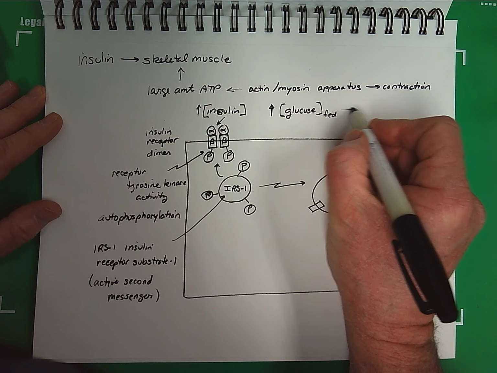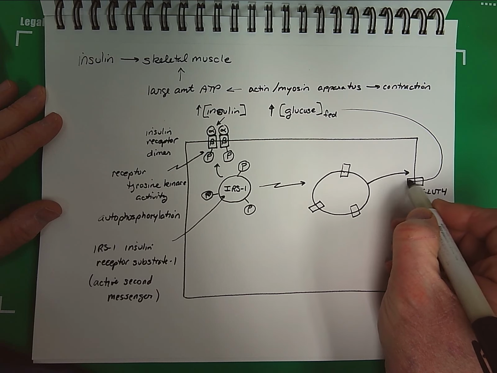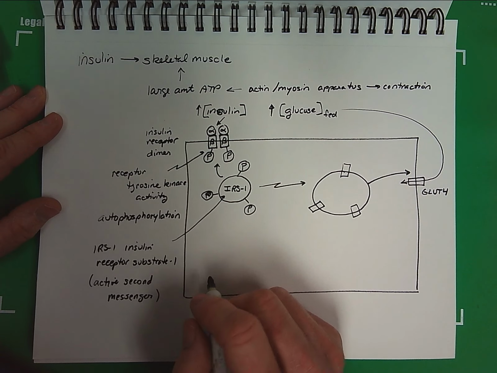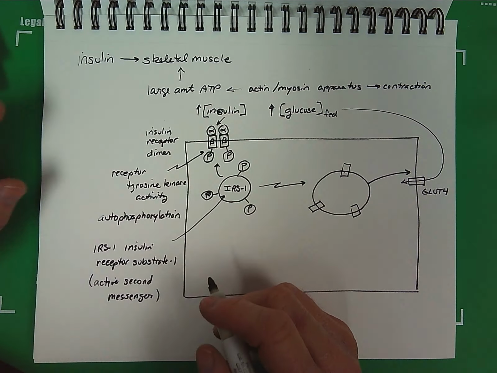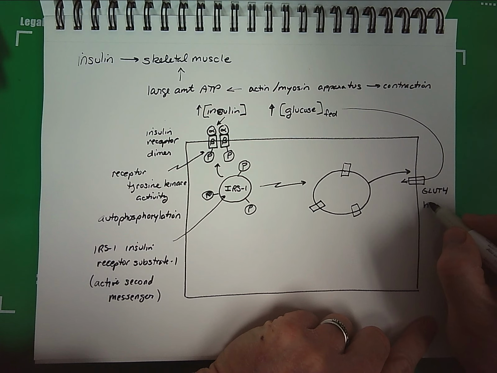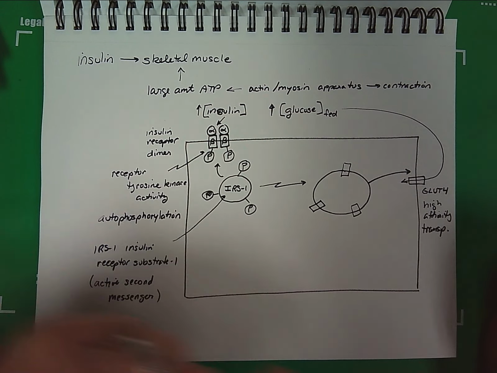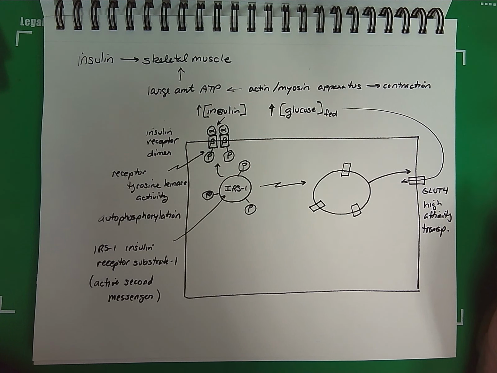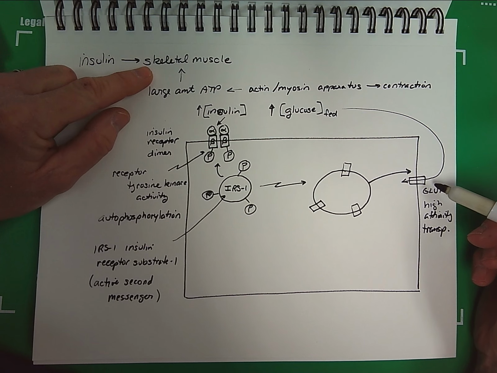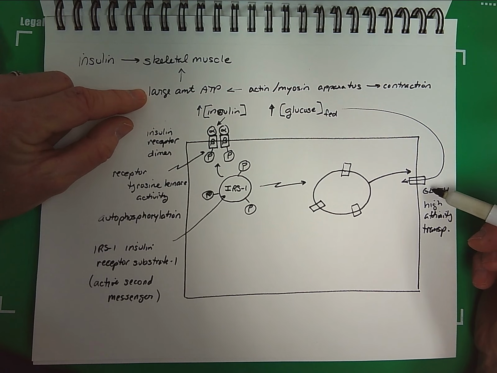Now it has the ability to take up glucose that is outside the cell. Now, GLUT4 is a very high affinity transporter. Being a very high affinity transporter, it can take up glucose very rapidly. And that's exactly what a skeletal muscle wants, because it needs a large amount of ATP.